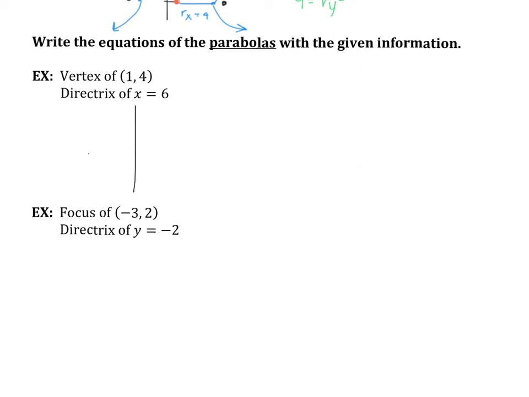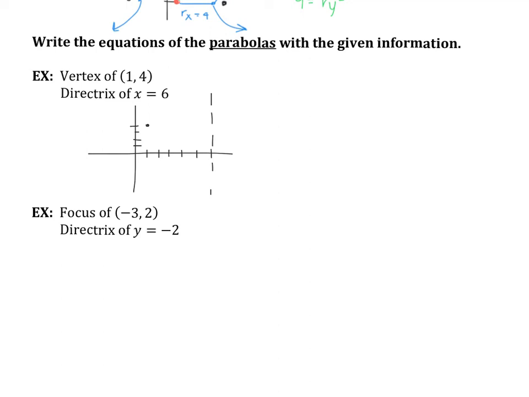So here's my picture. 1, 1, 2, 3, 4. Directrix x equals 6. So 1, 2, 3, 4, 5, 6. Remember the directrix is that dashed line perpendicular to the axes of symmetry in your parabola. Okay, lots of things we're working with.